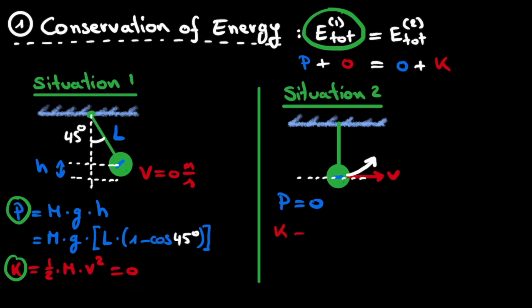Now the kinetic energy will be equal to 1/2 times capital M again, which is the mass of the bullet plus the mass of the bag of sand, multiplied by v squared, this initial velocity squared. And by adding these two components with each other, we've already found the total energy of another point in time along the evolution of this system, where in this specific case we have 0 potential energy and a non-zero kinetic energy.